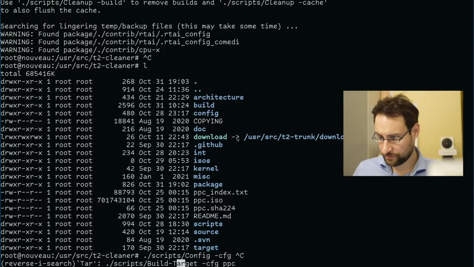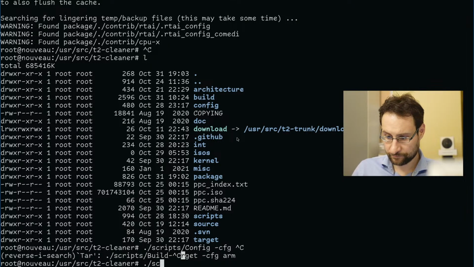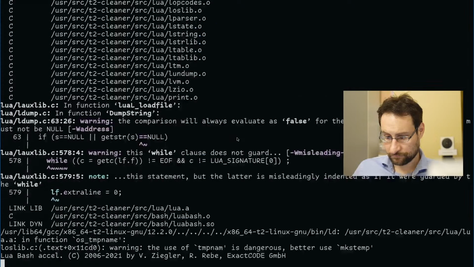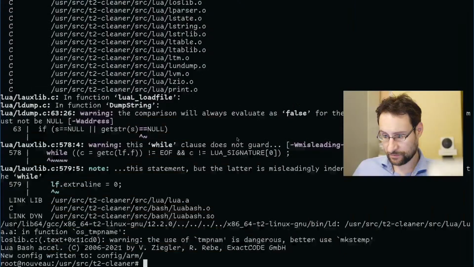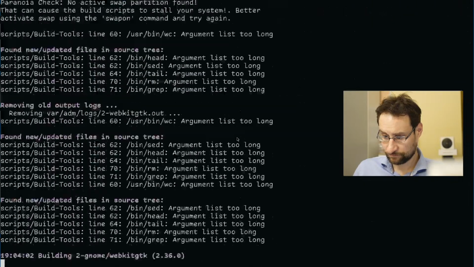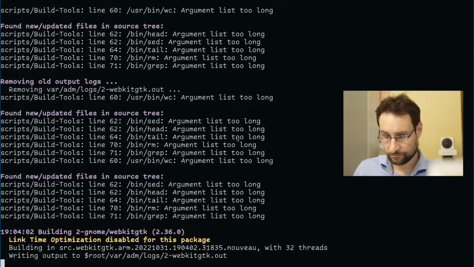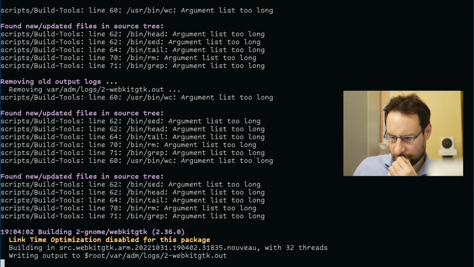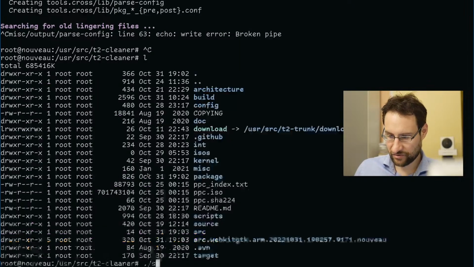What did we build even? ARM? Apparently we messed something up somehow. I'm not really sure how that happens now. Never seen that. It looks not healthy, to be honest.